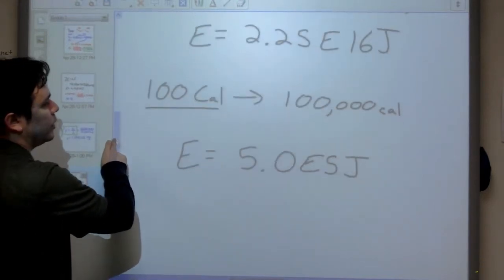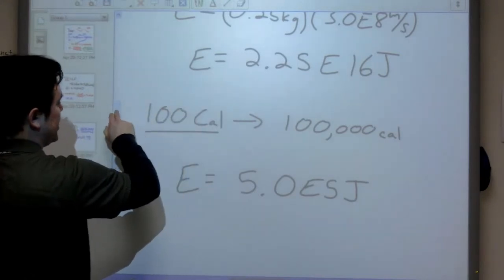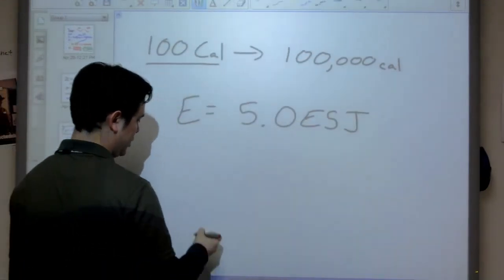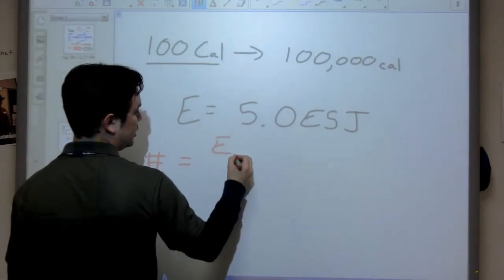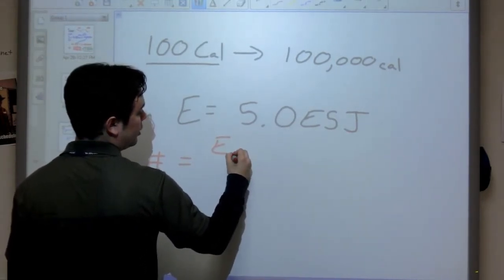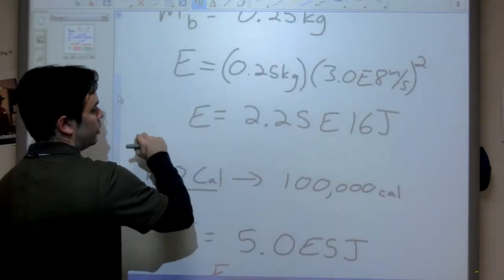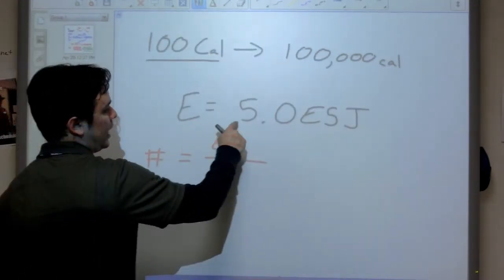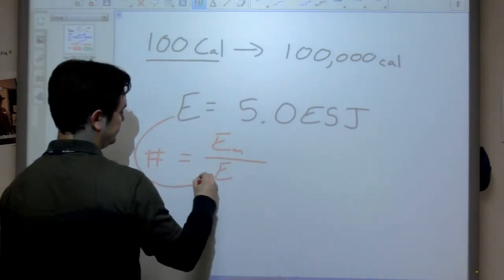Okay, well, if I want to find out how many I would need to eat in order to get this much energy, well, that'd be nothing more than my number is going to be equal to the energy from the mass, from actually converting. This is my total energy that I want to get, and for every burger I eat, I would get this much, so that's this energy.